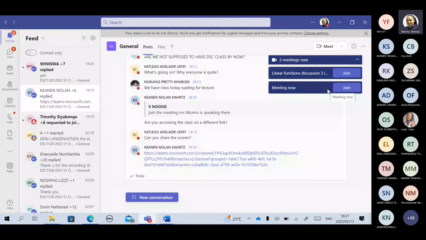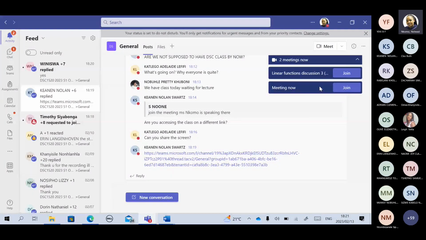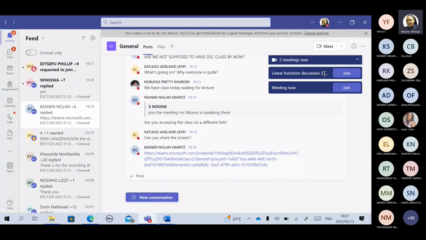So this is what happened. People went to join last week's discussion instead of this week's. And there is a date here. If I join, you see, there's a date in bracket, which was last week's date. And on this one, the one that we joined, there's a date in bracket. I always put a date in bracket.